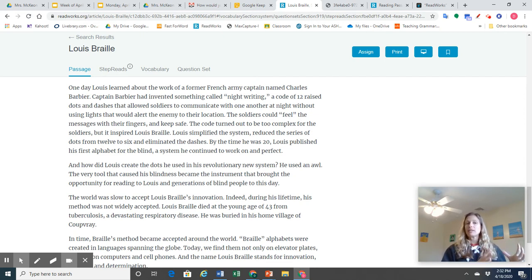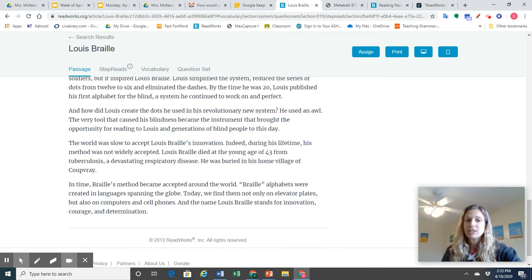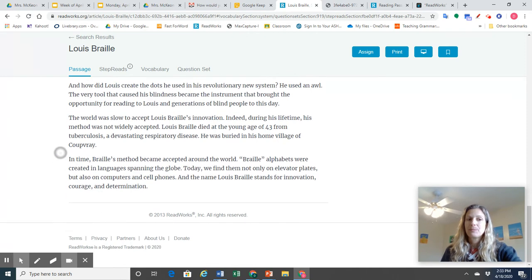So he took this other person's system, or that person's way of doing things, and he made it easier, so that it was easier for people to understand. And how did Louis create the dots he used for his revolutionary new system? He used an awl. The very tool that caused his blindness became the instrument that brought the opportunity for reading to Louis and generations of blind people to this day.